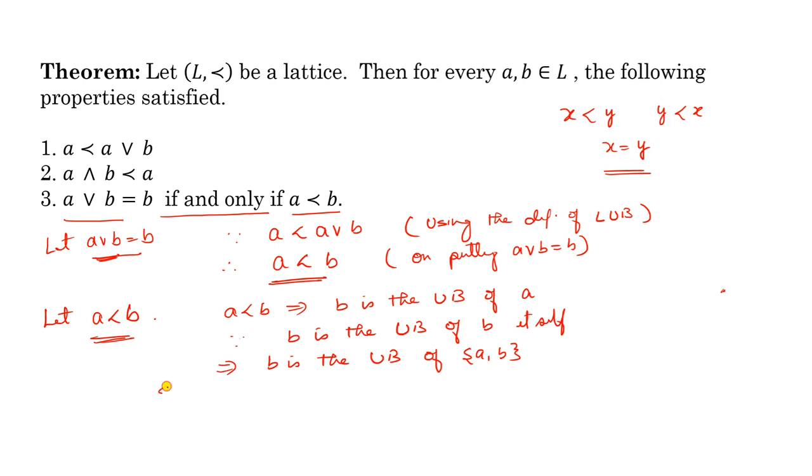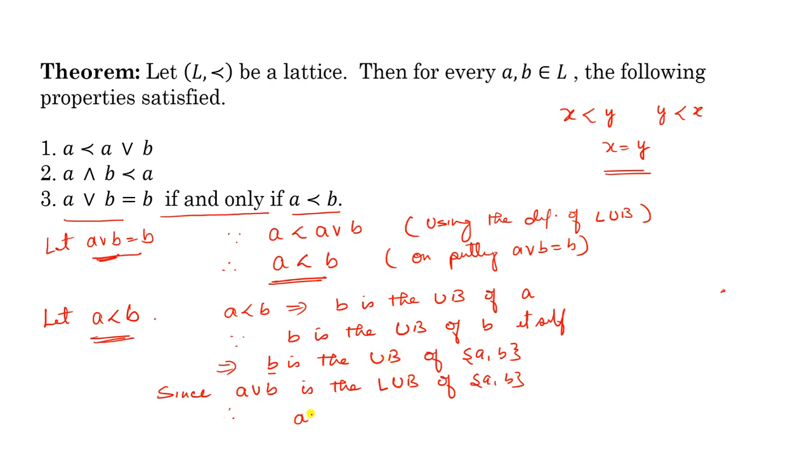Now you can write, since A ∨ B is the least upper bound of {A, B}, therefore look at this, B is an upper bound and A ∨ B is the least upper bound. Least upper bound means the least of all these upper bounds.